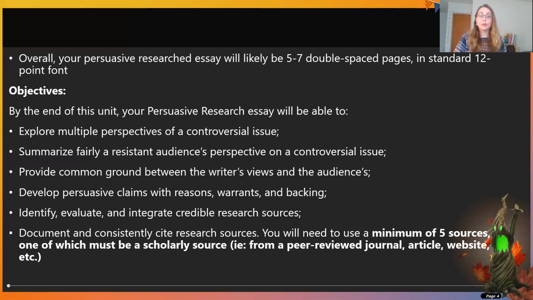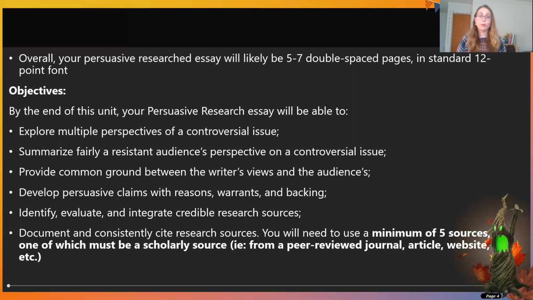Provide common ground between your view and the audience's view, showing in your essay that you have researched your audience's perspective. You know why they are resistant to this issue. You develop persuasive claims with reasons, warrants, and backing to attempt to persuade them to believe your side of the issue. You identify, evaluate, and incorporate credible research sources.